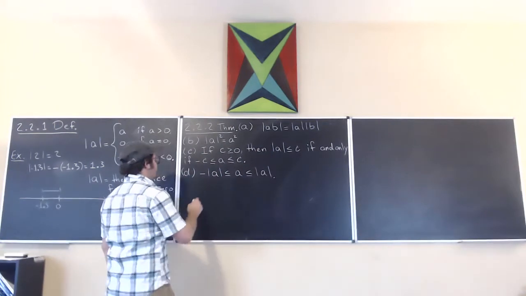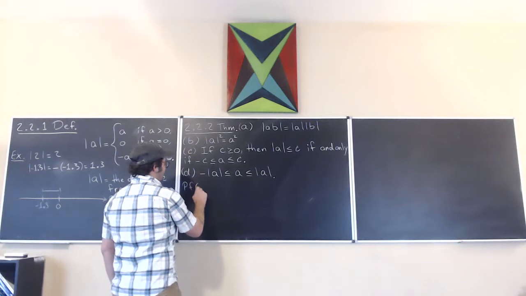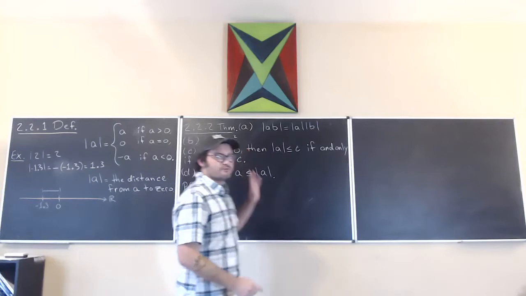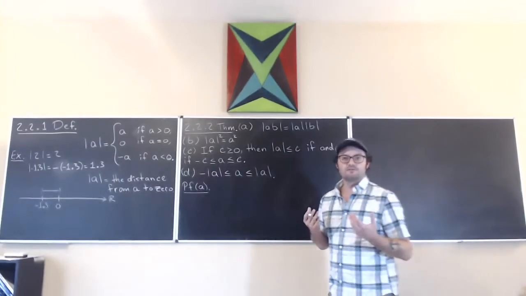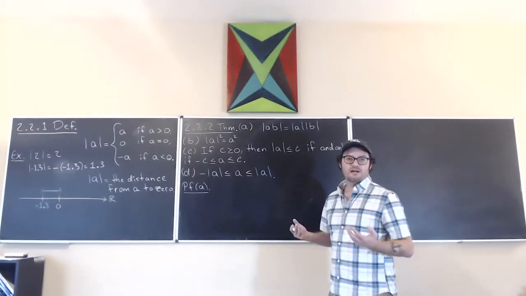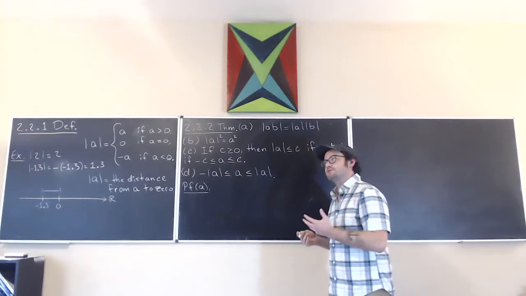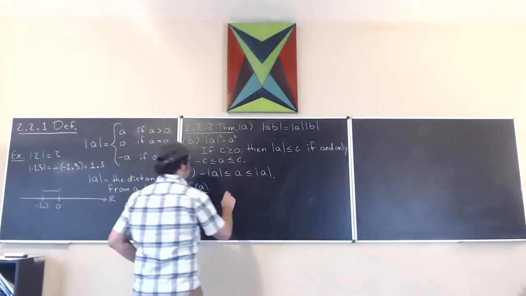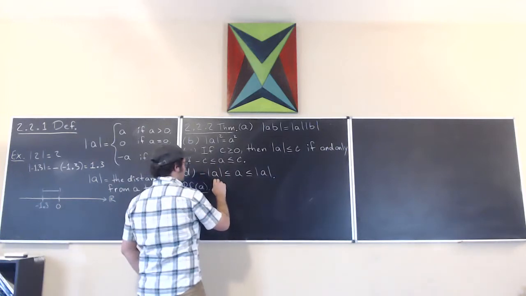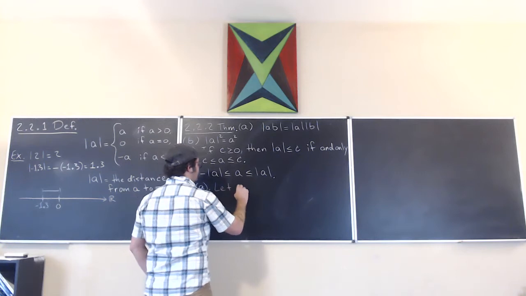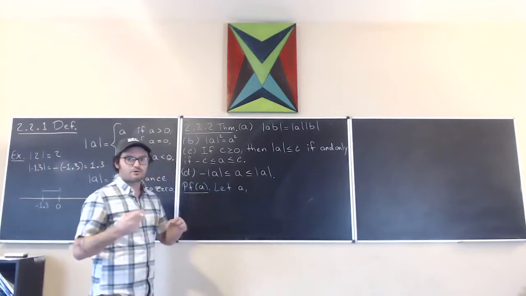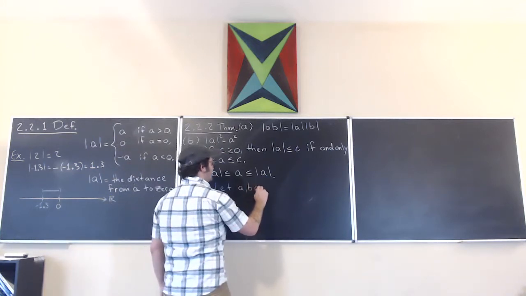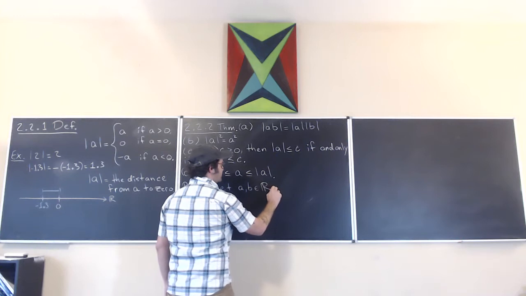So for example, if we wanted to look at maybe the proof of part A, we have several different combinations of values that A and B can have. They can both be positive, one can be negative, they can both be negative, right? So let's just walk through the beginning of the proof of part A. So let A and B be any arbitrary real numbers.